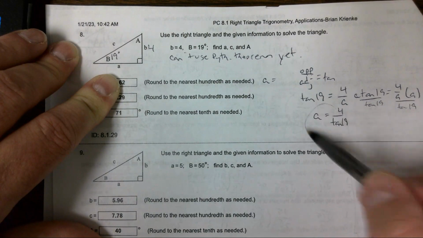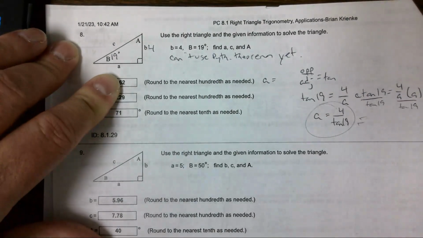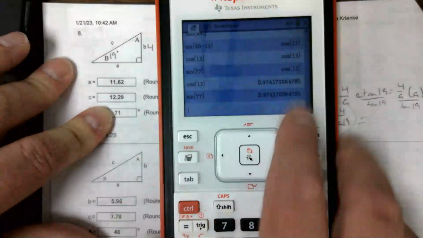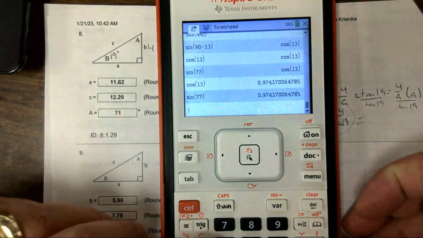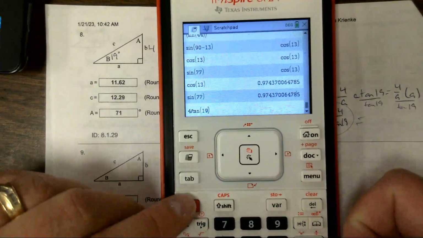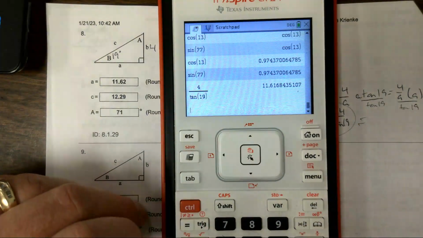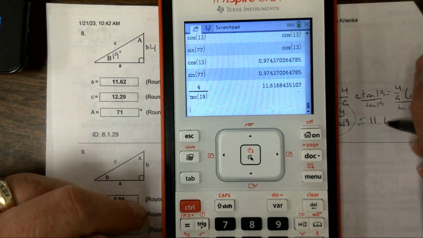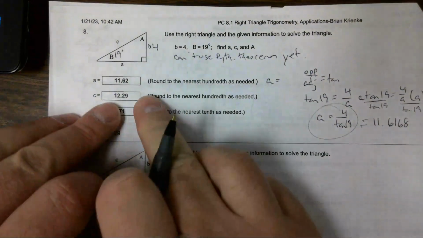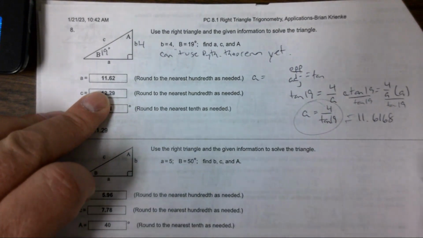So you end up with this. And so 4 over tan 19 is 11.6168. So if we round to the 100th, we get 11.62.